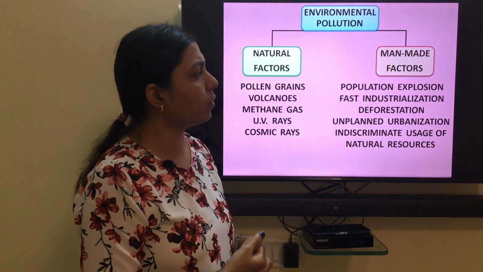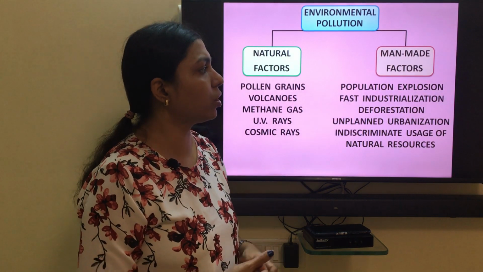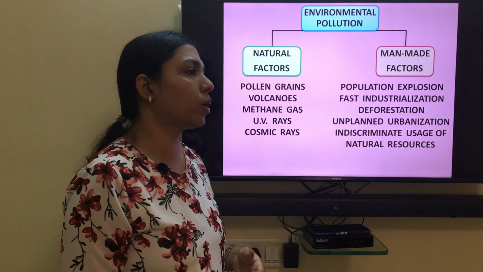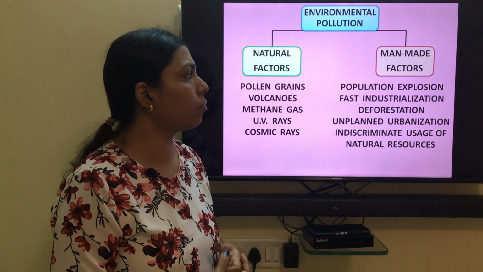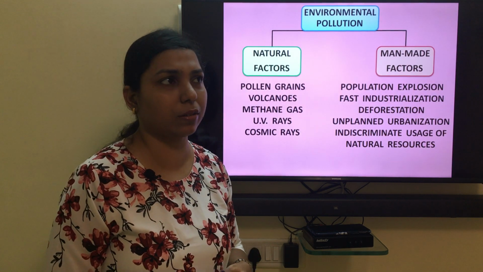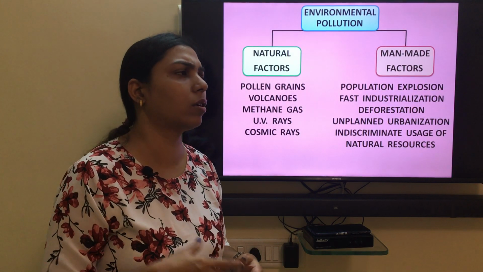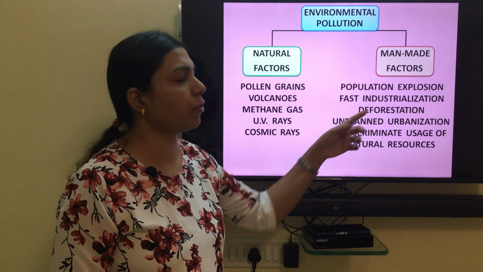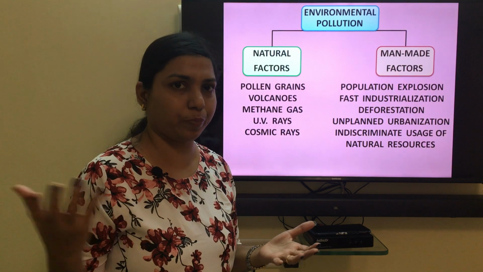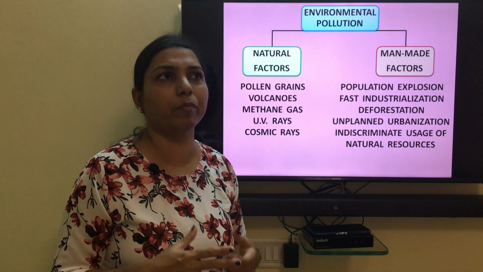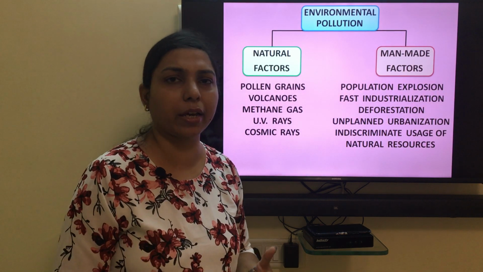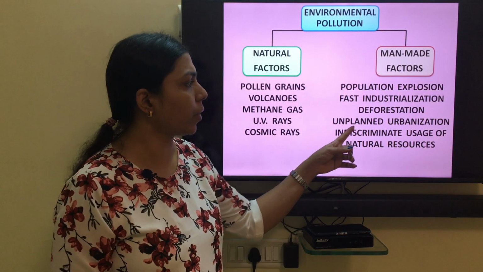Man-made factors which cause pollution, you have population explosion, the amount of people being born on a daily basis causes a lot of population explosion, fast industrialization, new industries being set up on quite a regular basis, deforestation, cutting down of trees for building new buildings or for making new roads or highways or anything with regards to that.